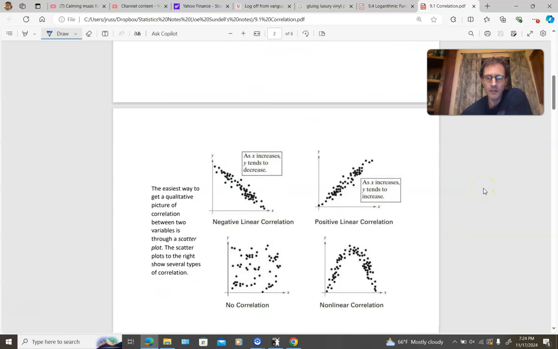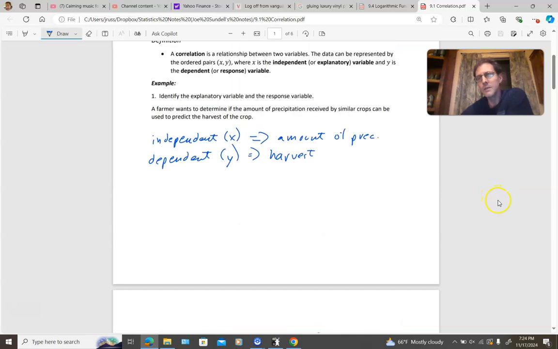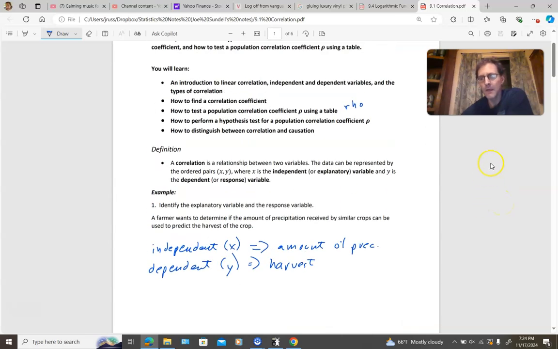So let me say another thing. If you think back to one of our previous lectures when we were talking about ways to display data, the scatter plot, guys, is what's used to graphically display data that comes in pairs, okay, or that has this ordered pair relationship, x, comma, y.